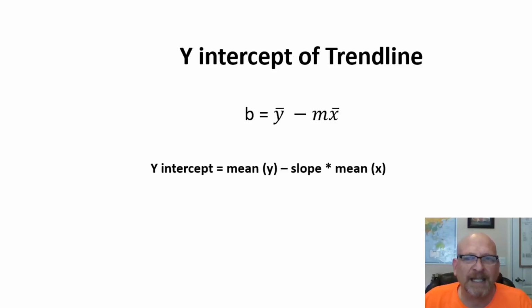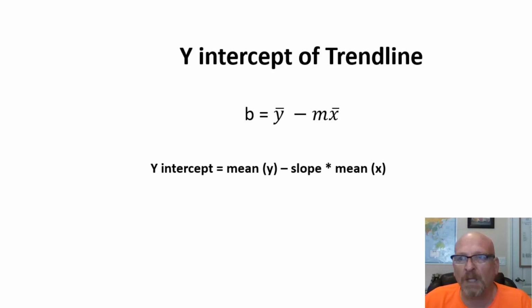The y-intercept b is equal to the average y, or the mean y, minus the slope that we just calculated, times the average x. Bingo, piece of cake. This gets back to that formula of y equals mx plus b. It's just switched around a little bit, and we threw in the average y and the average x. It works, so you can use this.